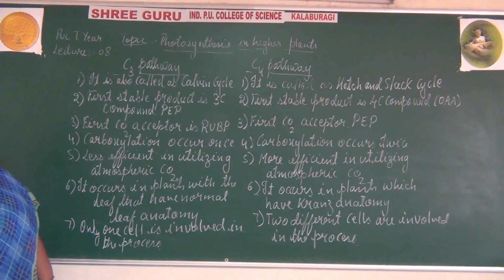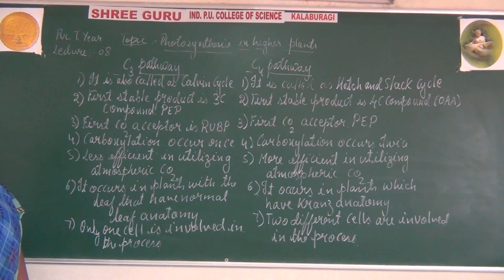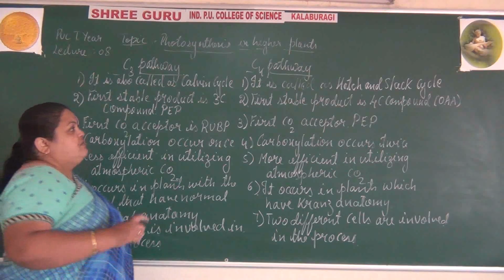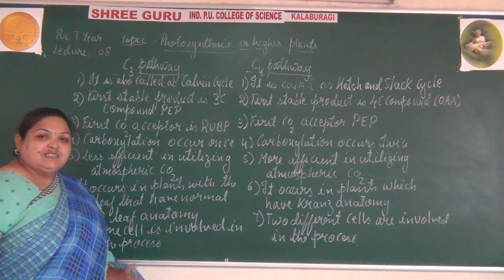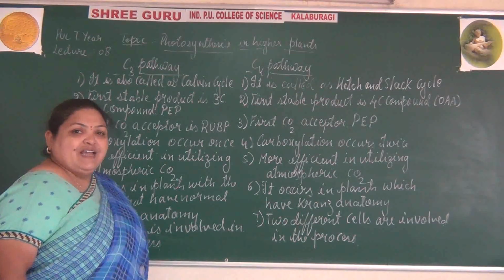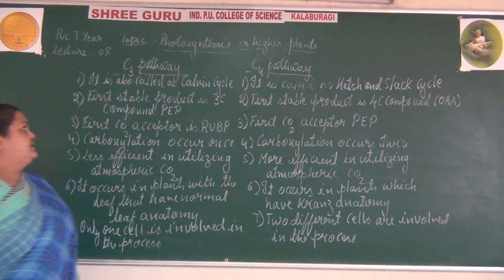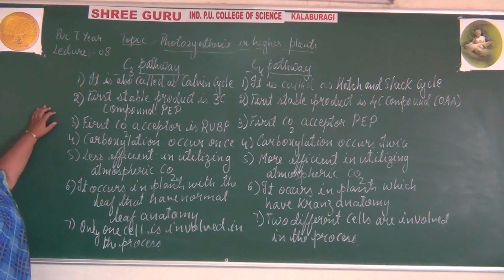The C4 pathway was discovered through the teamwork of scientists, Hatch and Slack, so the cycle is called the Hatch and Slack cycle. The first stable product formed in the C3 pathway is a 3-carbon compound, phosphoglyceric acid, so this cycle is also called the C3 cycle.